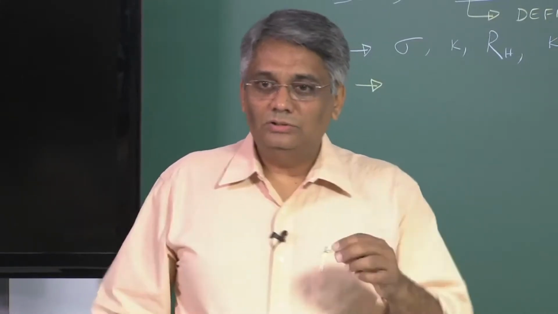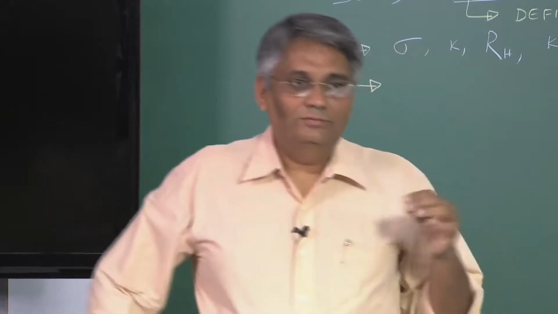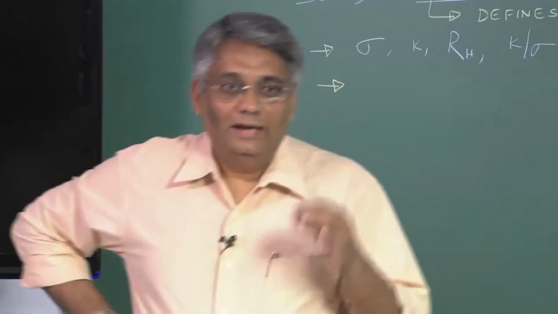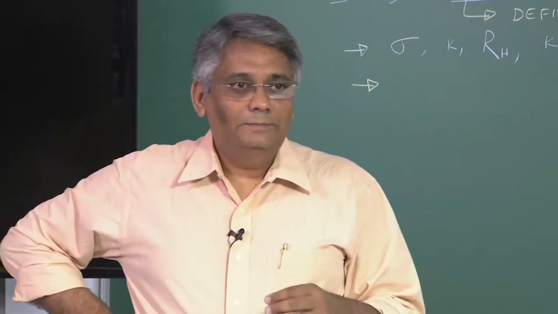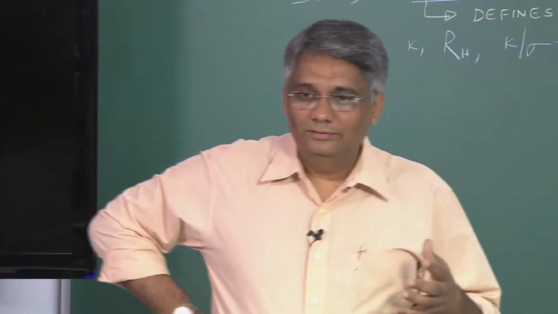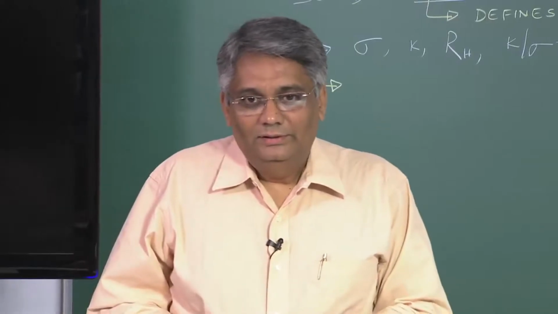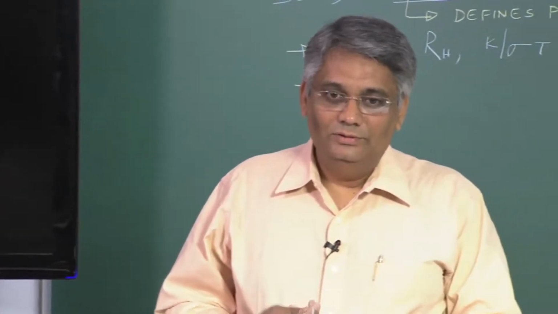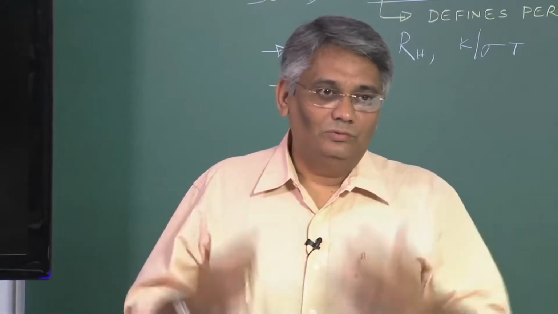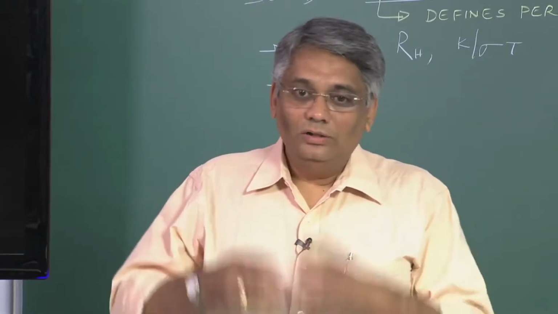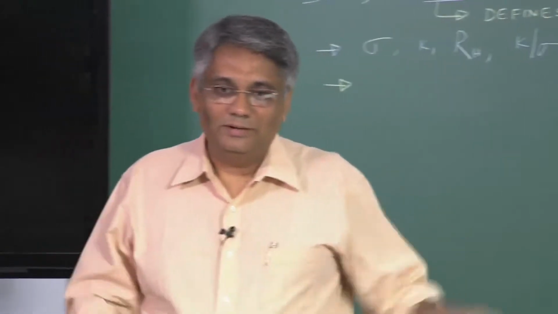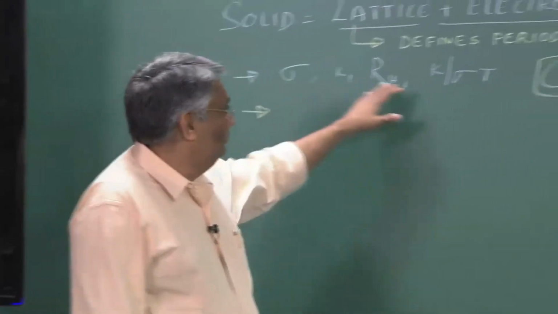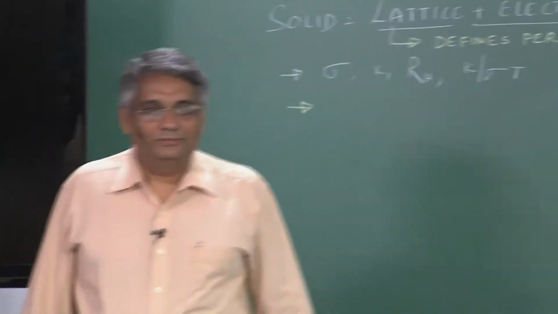Okay. And the model also says that if you have a certain number of atoms in a given volume, which we can find easily in a given solid, and also depending on the number of electrons attached to each atom. Copper, for example, has one valence electron. Sodium, and in some cases you have two valence electrons. So all these electrons are supposed to participate and contribute to all these different physical properties.